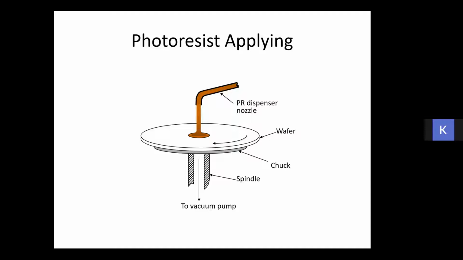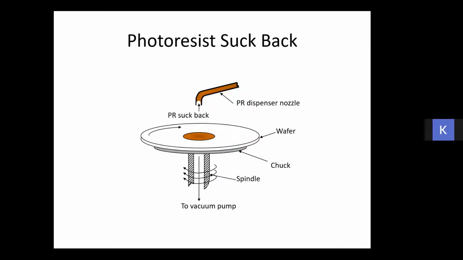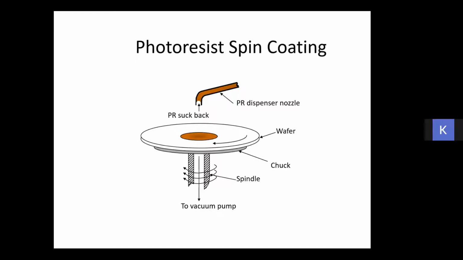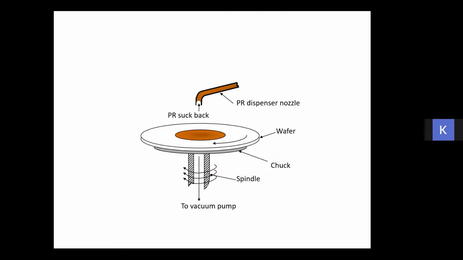Now put your photoresist solution, normally either through a nozzle or using a dropper, on your wafer, and then you start rotating the spin coater at your desired speed, as you have found out. Based on the centrifugal force, the solution will spread and coat the wafer uniformly.